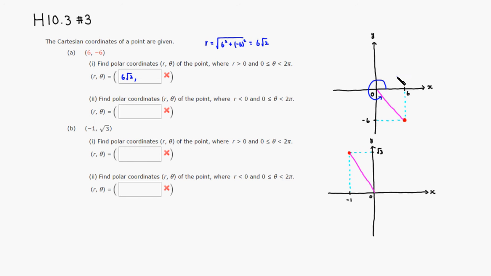This is a 45 degree angle because it's a 1 by 1 by square root of 2 triangle. So it's 1 quarter before 2 pi, so 7 pi over 8 would be the angle. Actually, sorry, I messed that up. It's over 4.